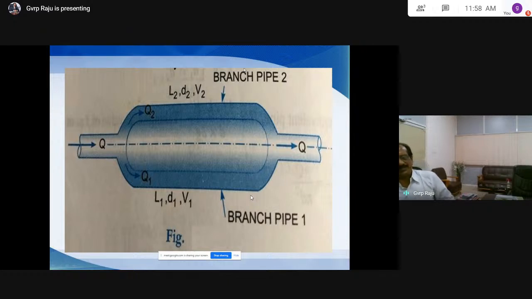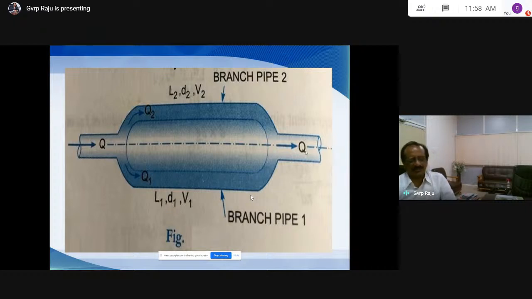Then what is the relation between Q, Q1 and Q2? Whatever quantity of water is coming here is Q2, and the quantity of water coming here is Q1. Both Q1 and Q2 combine and join together and flow with the quantity equal to Q. So the equation is Q is equal to Q1 plus Q2, not Q is equal to Q1 is equal to Q2.